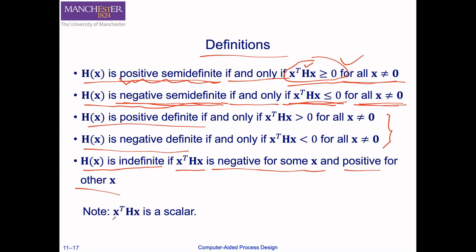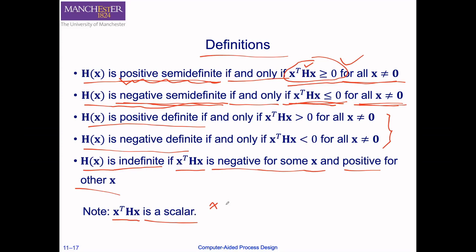In these definitions, we have this term x transpose times the Hessian matrix times x. This term is a scalar. This is because x is a vector of variables, which is usually denoted as a column vector.